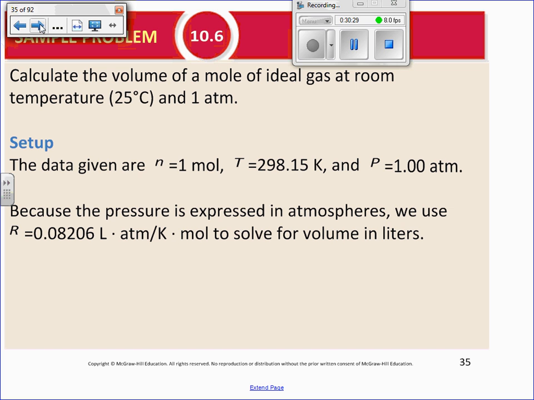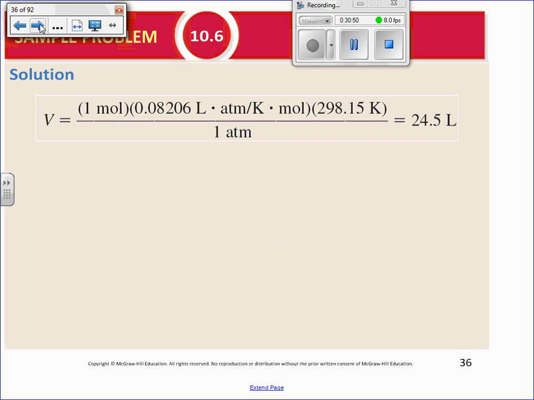If I gave you the pressure in millimeters of mercury, you convert the millimeters of mercury to atmospheres by dividing it by 760. So here you just do the same thing for the volume. So at room temperature, a mole of any gas will occupy 24.5 liters.